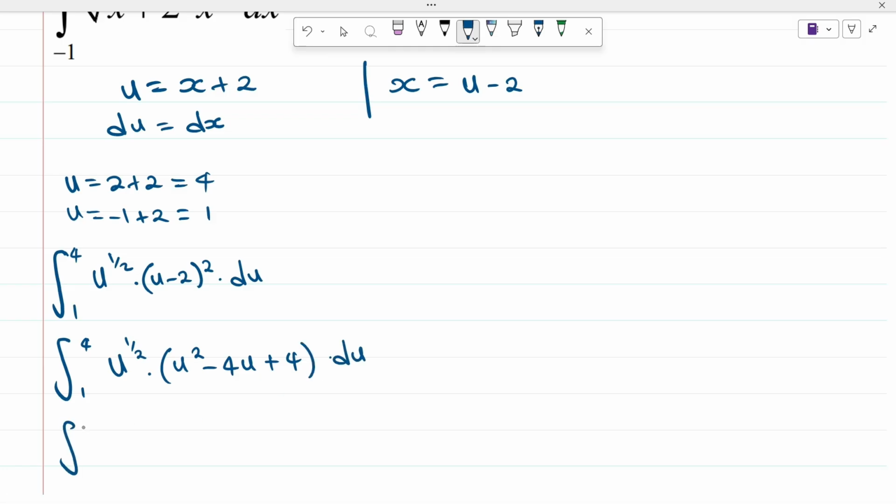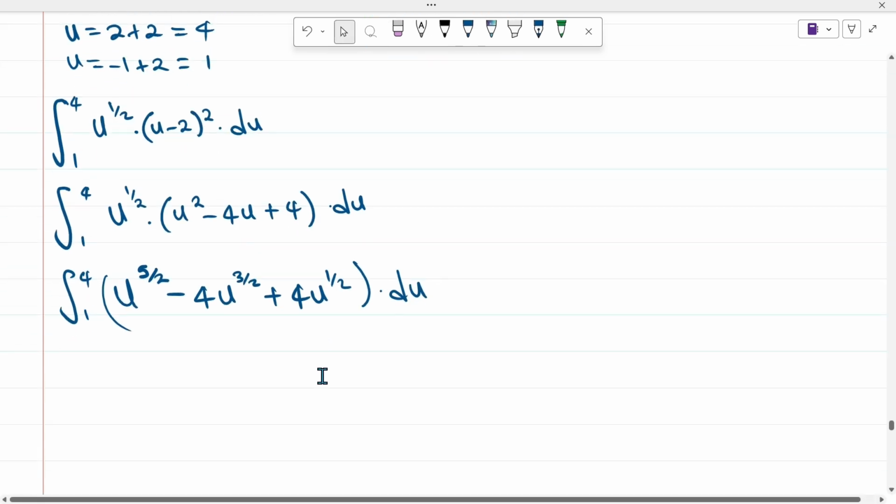Then I multiply out again: 4 half is 2, so 2 plus half, 2 plus 0.5, that's 5 over 2. So this is u to the power of 5 over 2 minus 4u to the power of 3 over 2 plus 4u to the power of half.